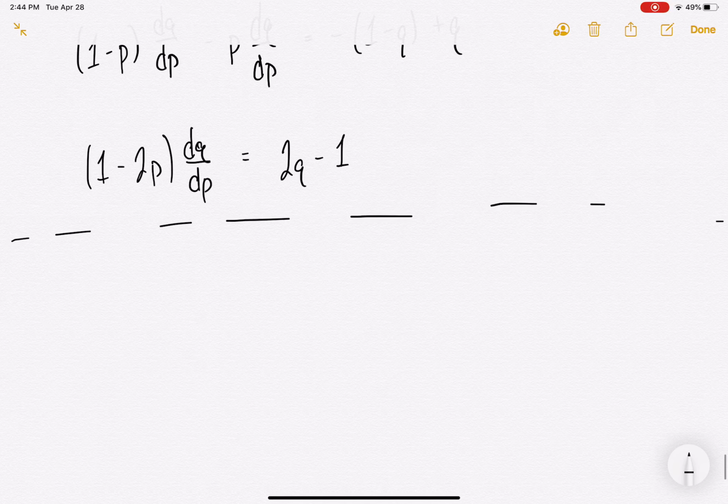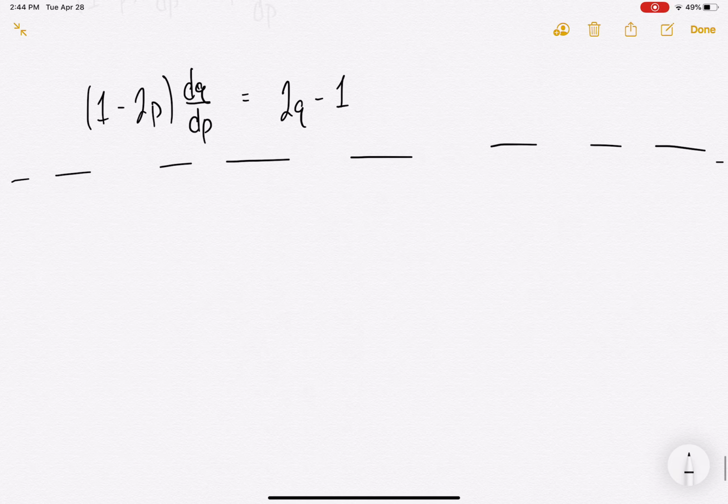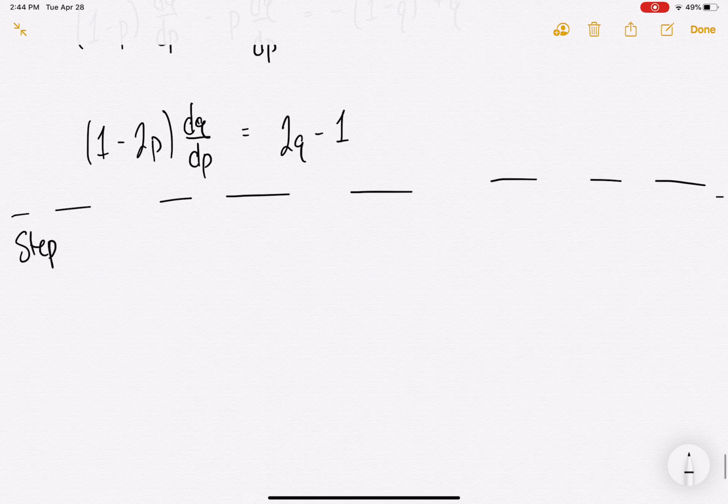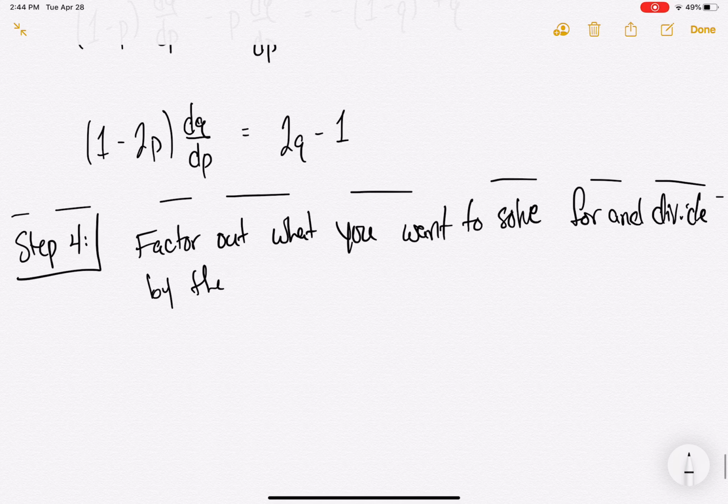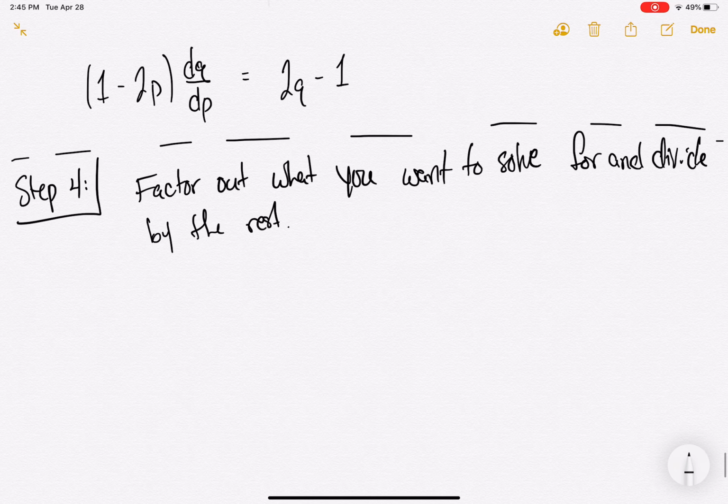Step 4 in this case is really easy because it's already done for us. Factor out what you want to solve for and divide by the rest. So it's already factored out.